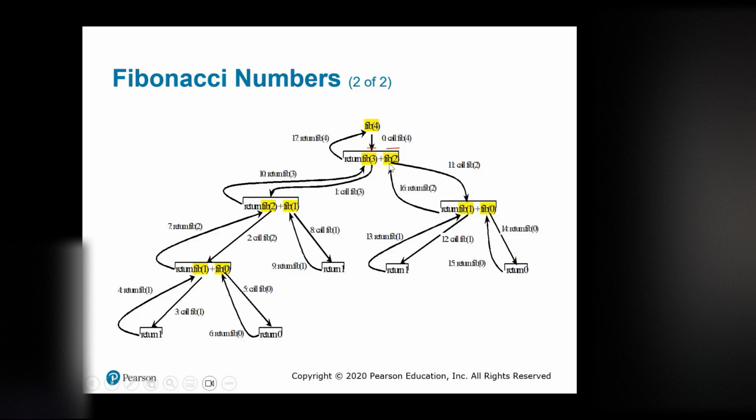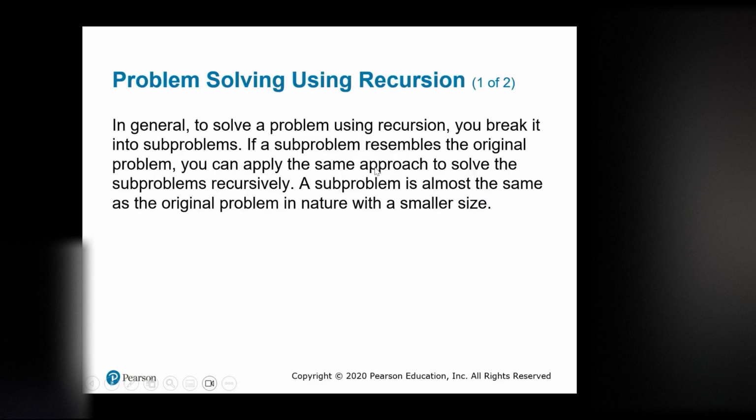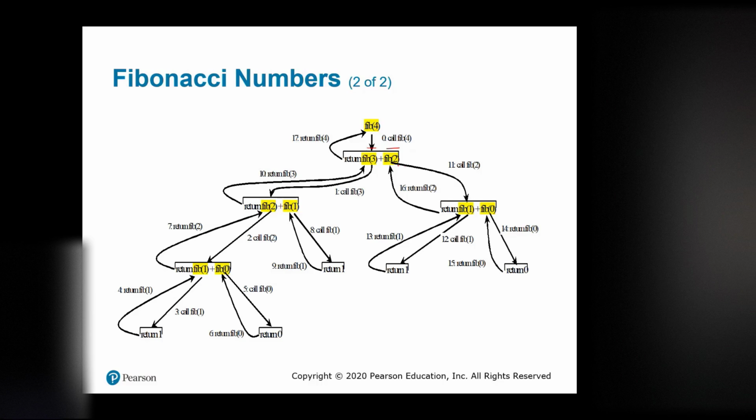Now, for the second term, we are again going to call Fibonacci 2, which is going to give us Fibonacci 1 plus Fibonacci 0. Fibonacci 1 is a base case, so it is going to return the value 1. Fibonacci 0 is also a base case, so it returns the value 0.